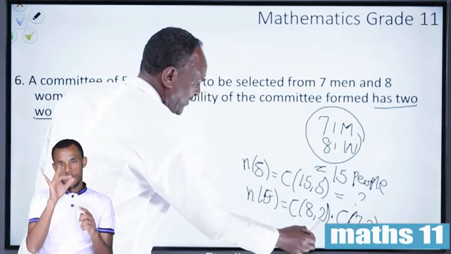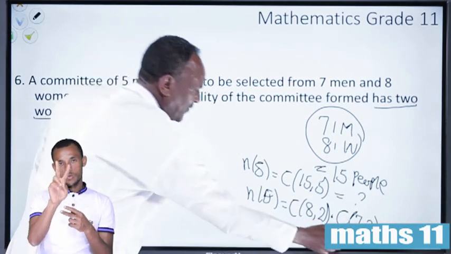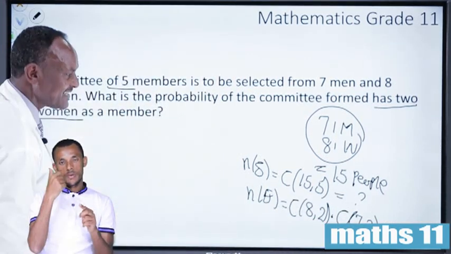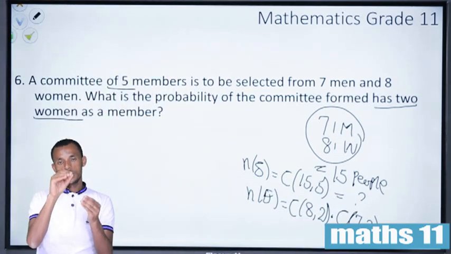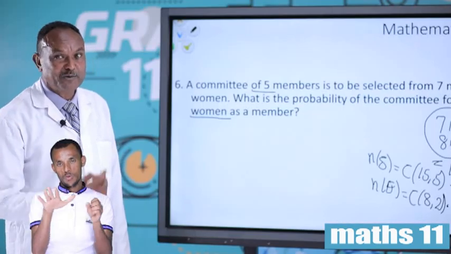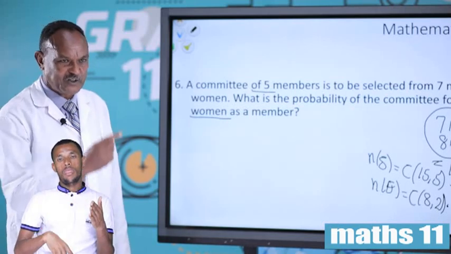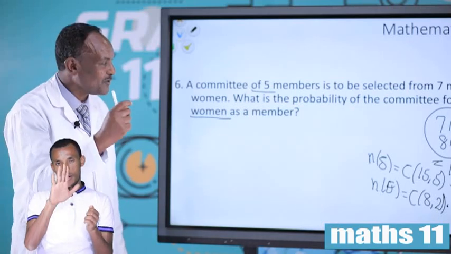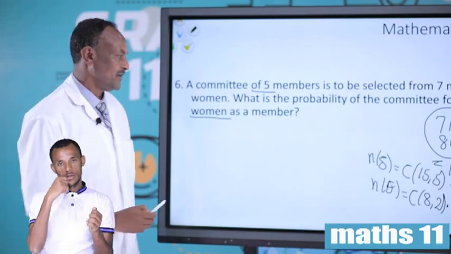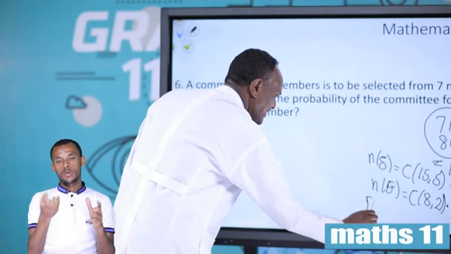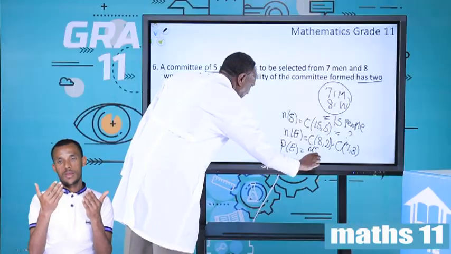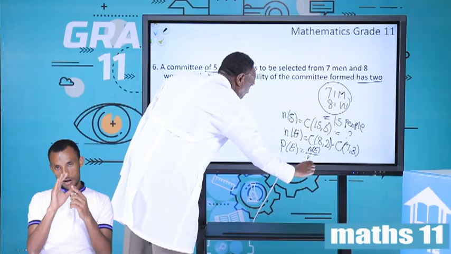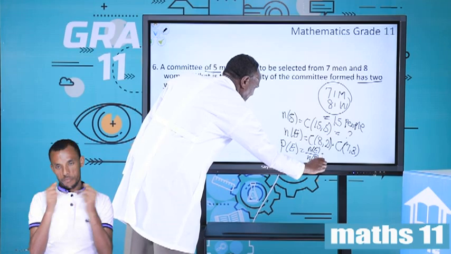From 8 women, we have selected 2. From 7 men, we have selected 3. 2 plus 3 is equal to 5. It is the total number of members of the committee. That was our interest: 5 members containing 2 women as members. So what is the probability? The probability of an event is the number of elements of the event divided by the number of elements of the sample space.